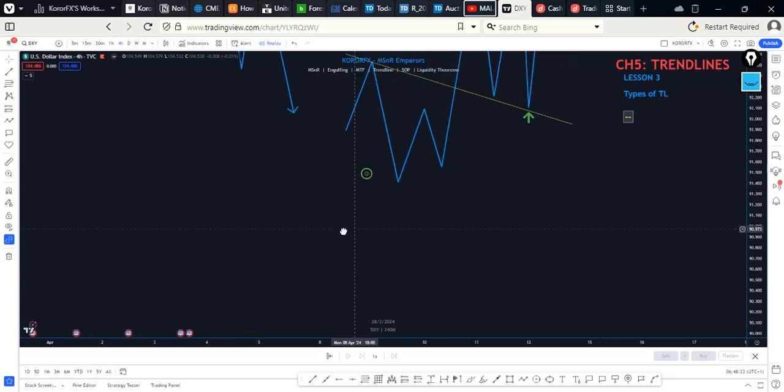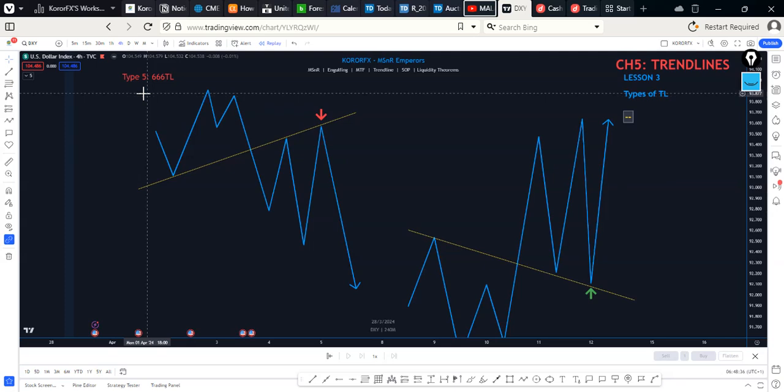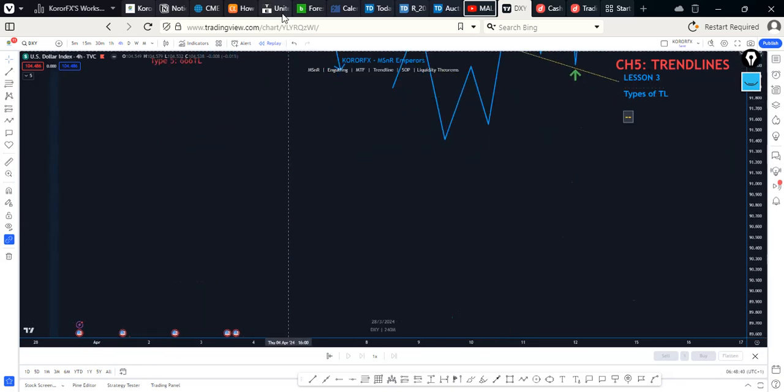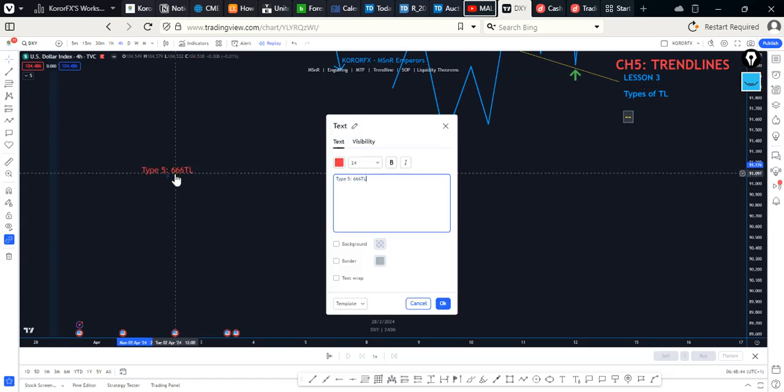XRTL is the most important thing. So this is type 6. So type 6, it is not 66L. All right, the name of this trend line, which is type 6, is called the XRTL, XR trend line.